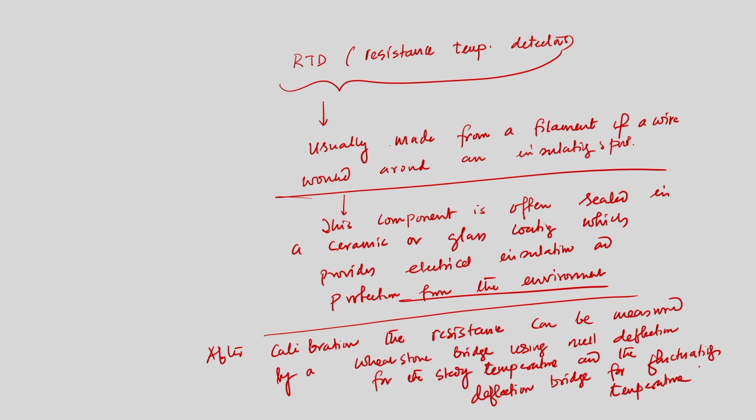So, if the temperature is steady or if the temperature is fluctuating, we can still measure the temperature using this RTD. Of course, we need to place them in a Wheatstone bridge using either null deflection or deflection bridge.